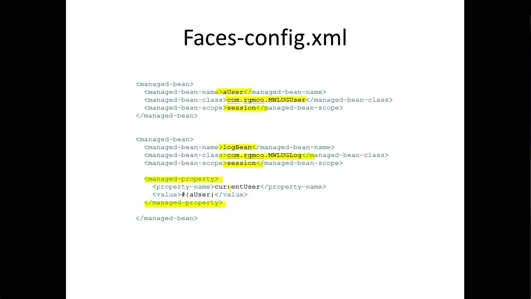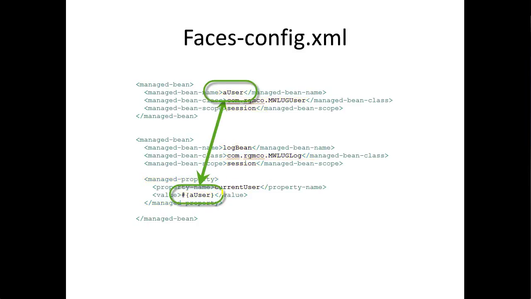And so what happens is we said, okay, this log bean actually is going to have a property declared as current user, and it's going to be an mwlug user object. The default value for that, we're going to provide the expression language binding to the user bean.